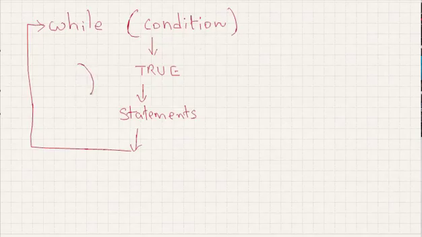So this is a loop. As long as the condition is true, it keeps executing the statements again and again. But if it is false, at any time, it will exit the loop, right? And continues with the rest of the program.